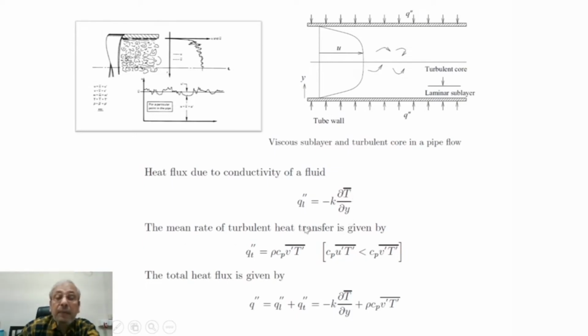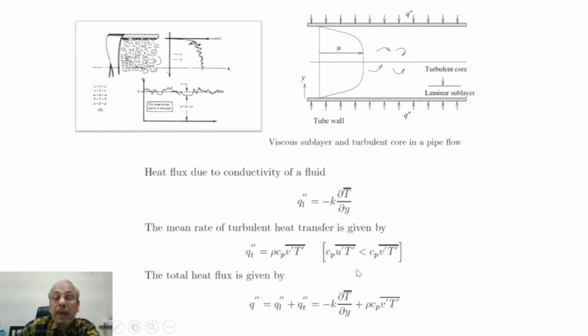The mean rate of turbulent heat transfer, if we consider the mixing related transport, is q_T double prime equal to rho Cp overbar of v prime T prime.